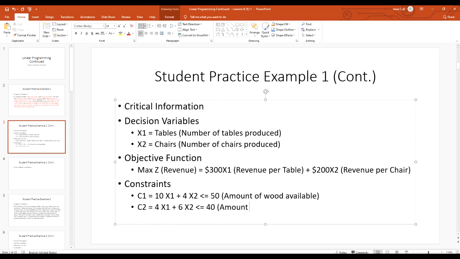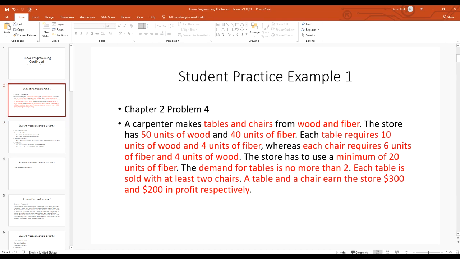And that's the amount of fiber available. So we have our first two constraints, and we've used this information here.